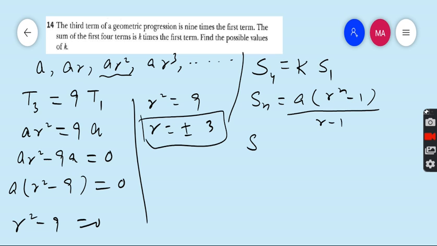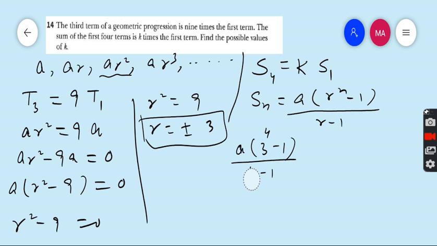First we will use the positive r. S4 equals a, with r as 3 to the power 4, minus 1, upon 3 minus 1. This is the sum of the first 4 terms.